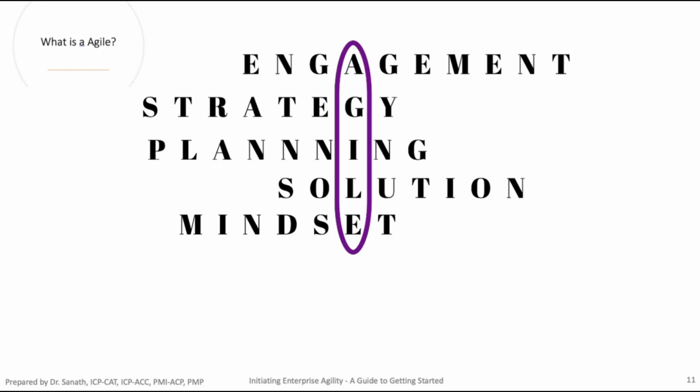There's planning involved. People who say in Agile we don't plan, they are very wrong. In fact, we plan all the time. Solution, it's very outcome driven. There's a lot of focus on the outcome, right? Very outcome driven. And the most important word I would say is this word called mindset.